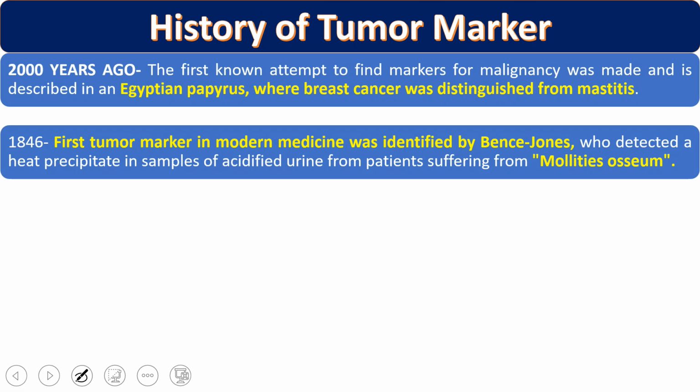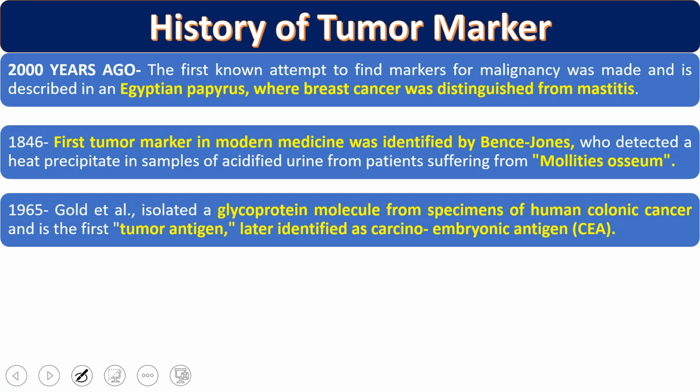That was in the 1850s. Then in 1965, Gold et al. isolated a glycoprotein molecule from specimens of human colonic cancers, the first tumor antigen. Later it was identified as carcinoembryonic antigen, CEA.